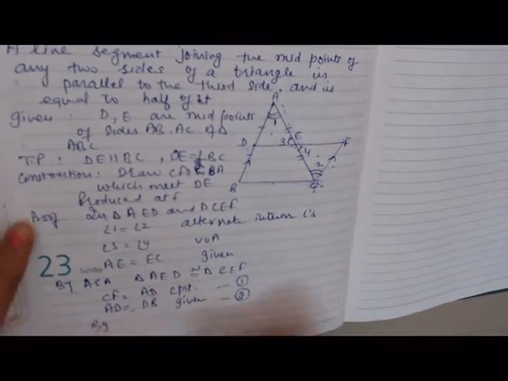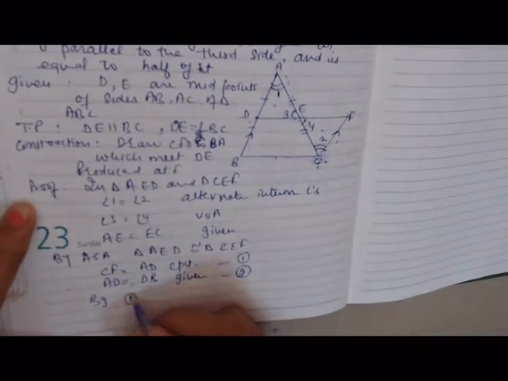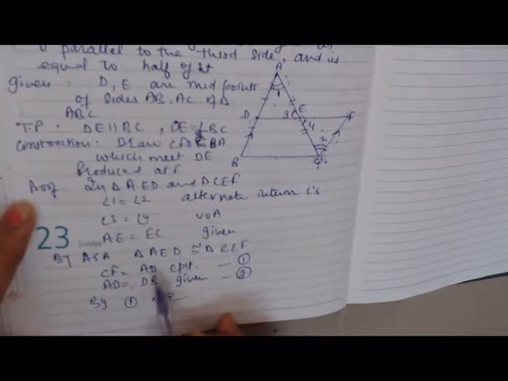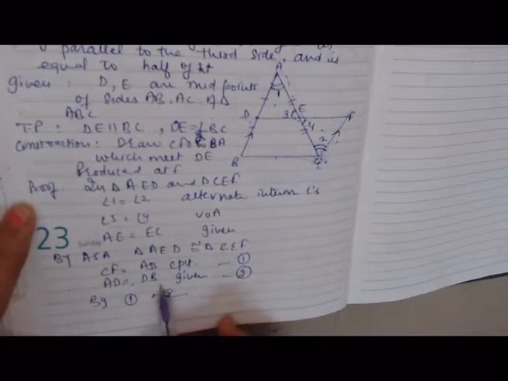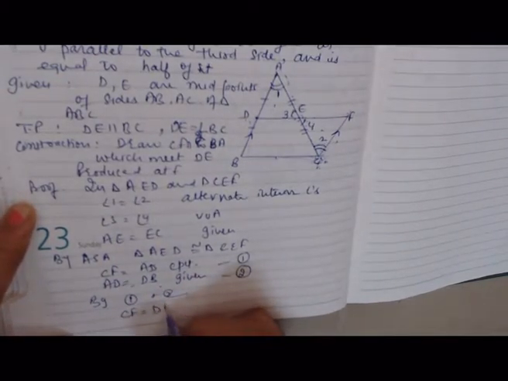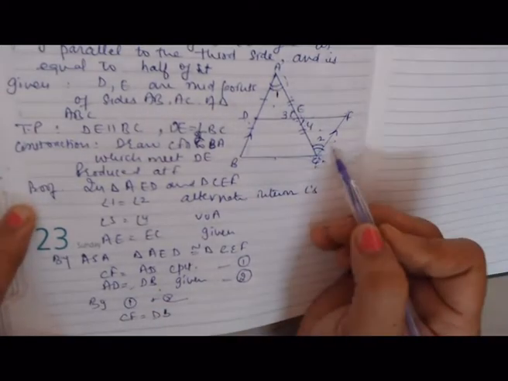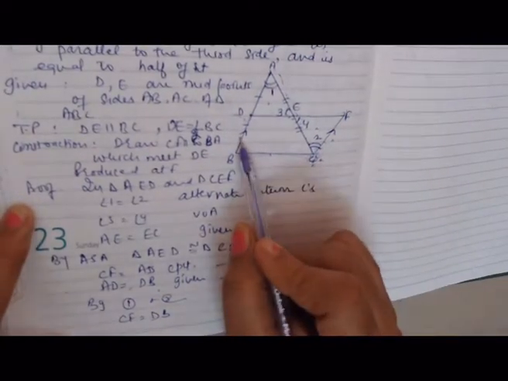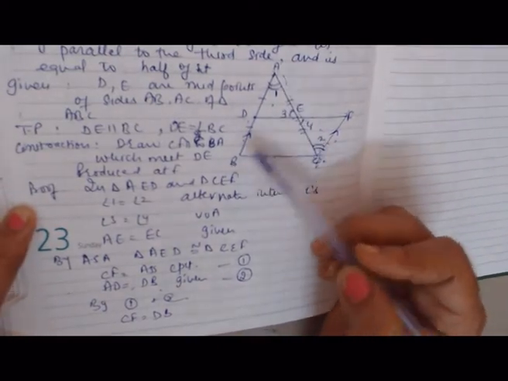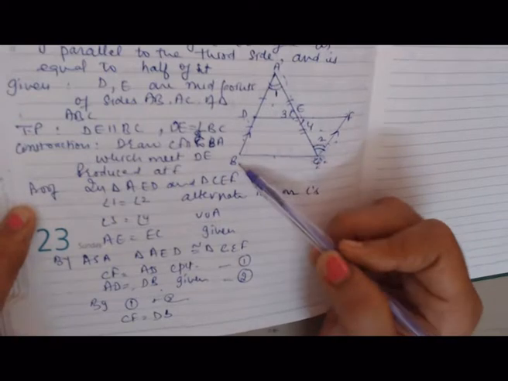So by 1 and 2 we get AD is equal to CF and AD is equal to DB. Then we get CF is equal to DB. Also CF is parallel to AB, so CF is also parallel to DB.